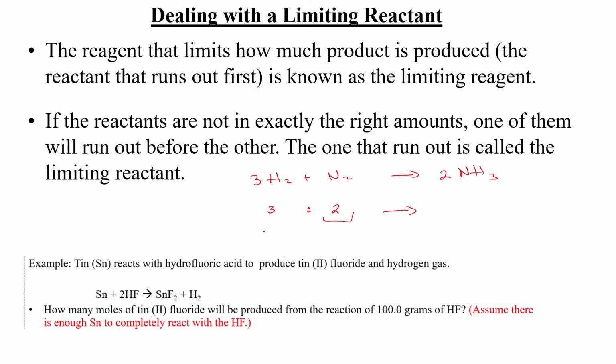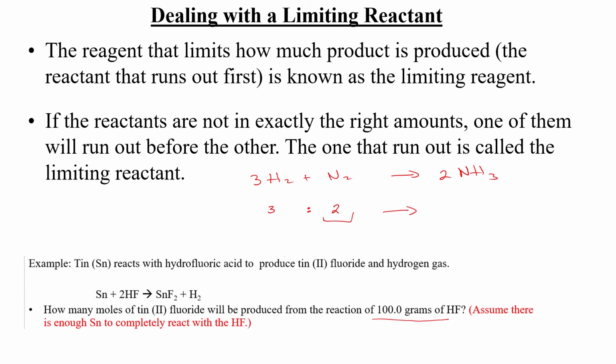Now, in the problem that we did in one of the previous slides, if you look at the wording, grams of hydrogen fluoride was given, and for tin, the instructions were to assume there's enough tin to completely react with hydrogen fluoride. It means in that problem they were already identifying for us that hydrogen fluoride is the limiting reactant.